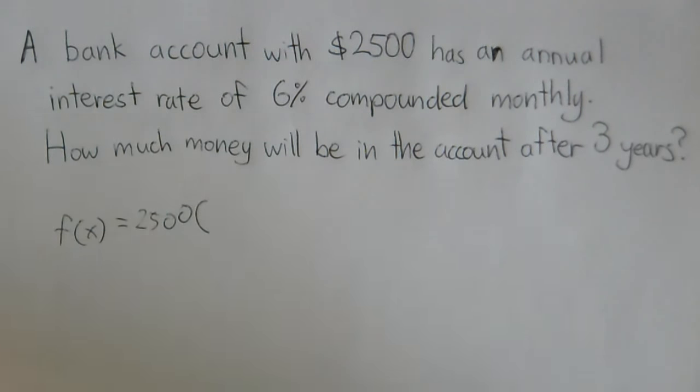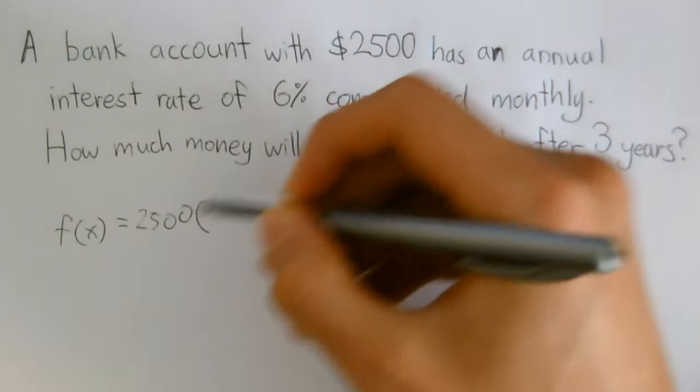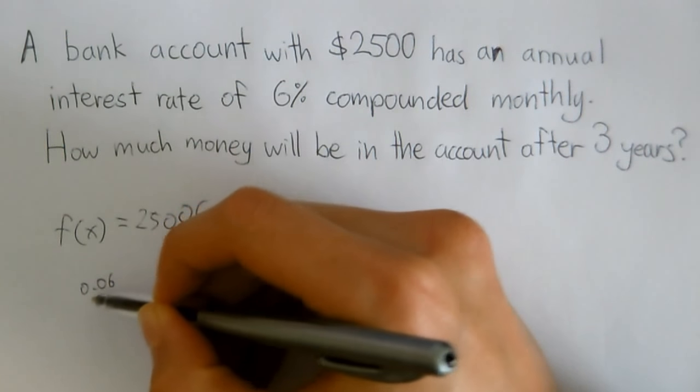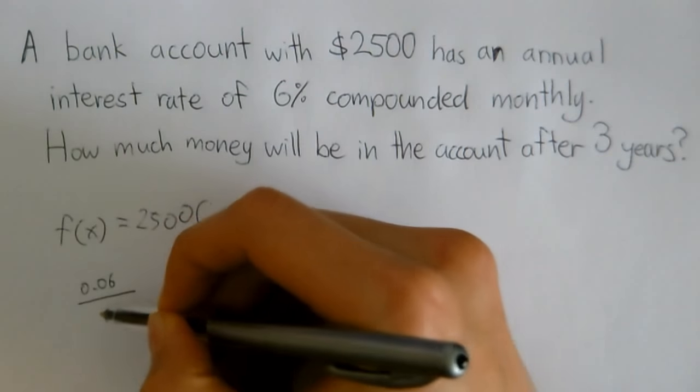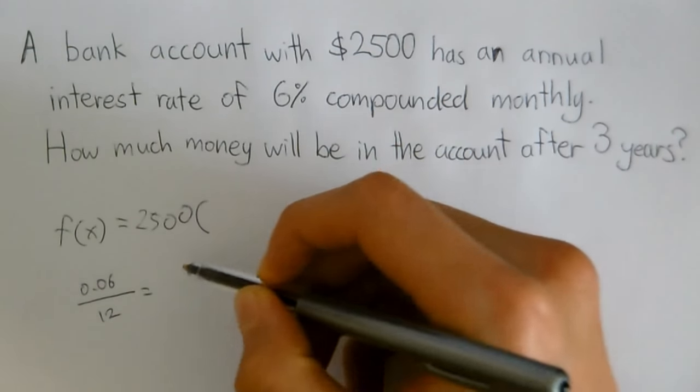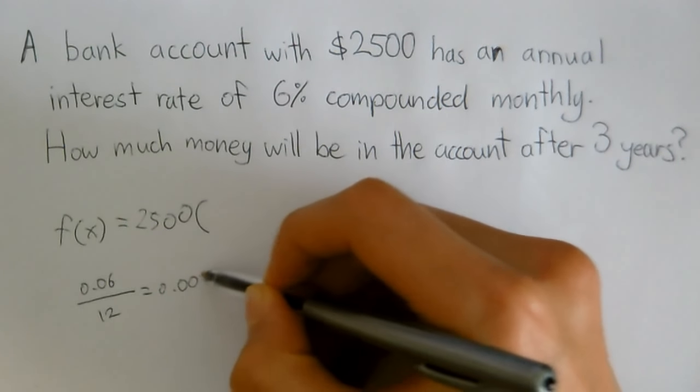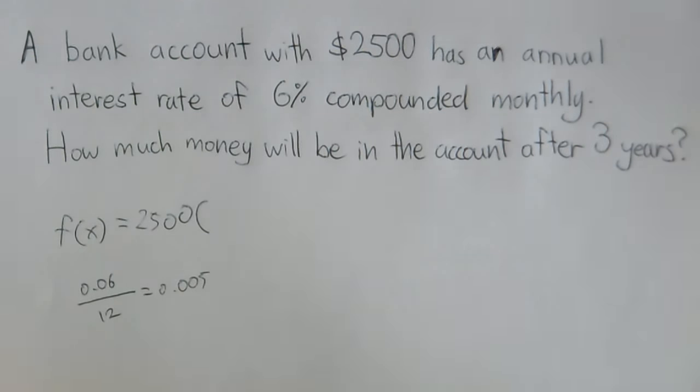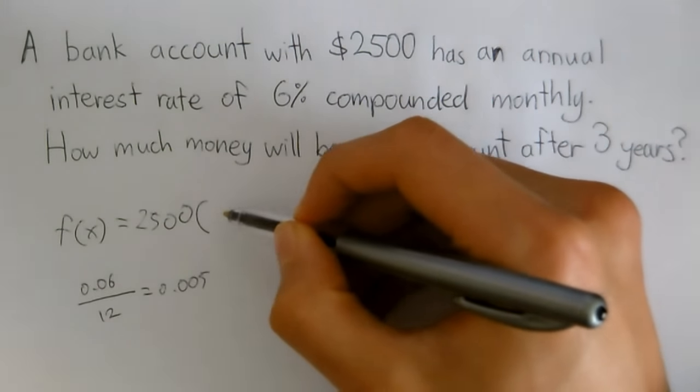Now it says it's 6%, but that's an annual interest rate, which is compounded monthly, which means the 6% is split 12 times. So 6% divided by 12 is equal to 0.005, or 0.5%.